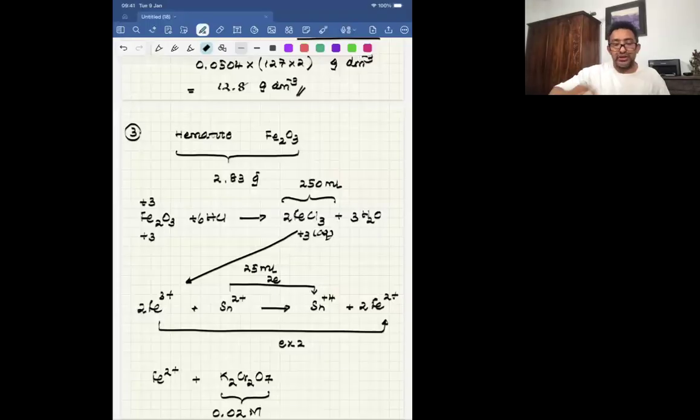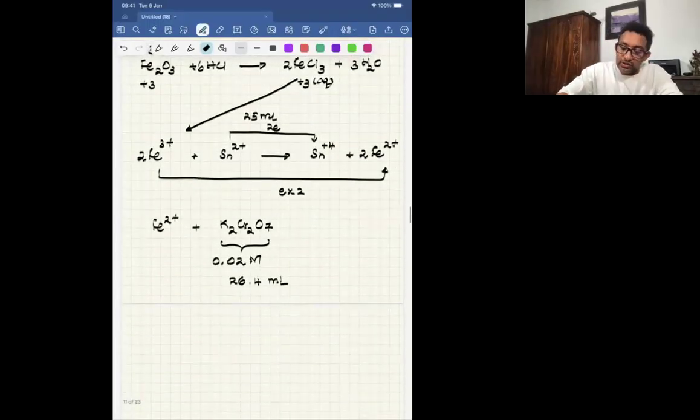So you have to reduce it to plus 2. So what you do is you add tin. It is mentioned in the text. When you add Sn plus 2, Fe plus 3 is reduced to Fe plus 2, and Sn plus 2 goes to Sn plus 4. So it turns into Fe plus 2.